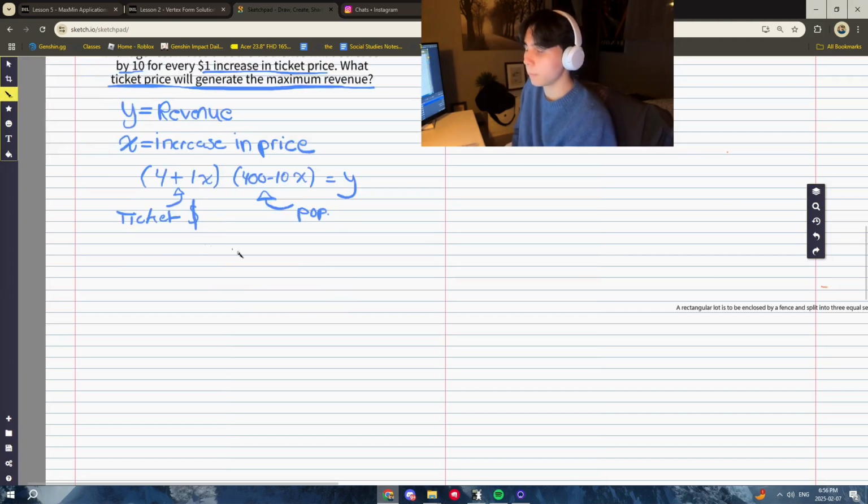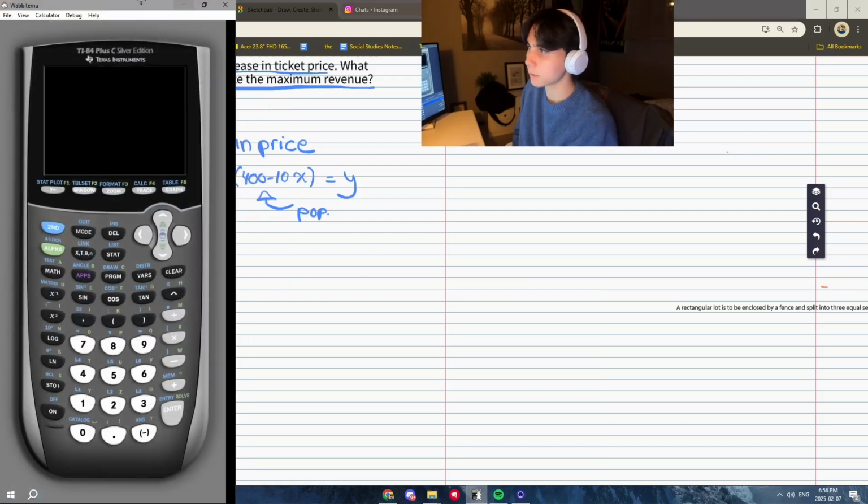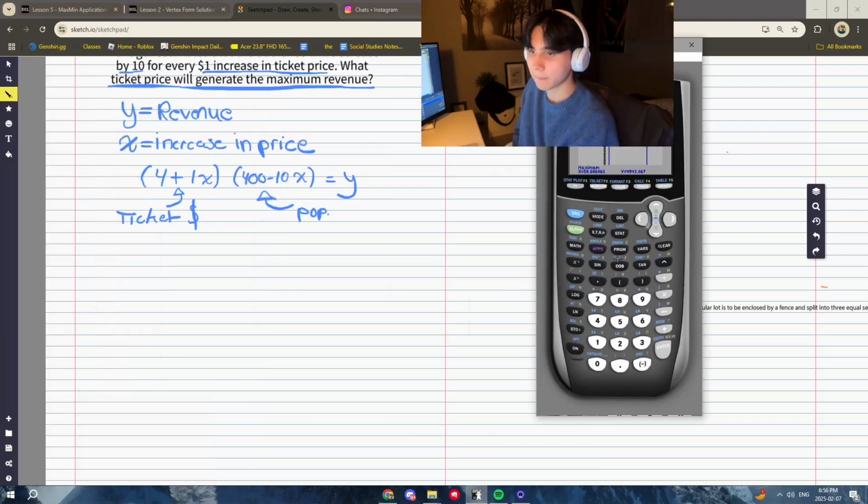So what we can do now is we can pop this in our calculator and actually graph it. So we have bracket 4 plus x, bracket 400 minus 10x. And my window settings are a little weird right now.